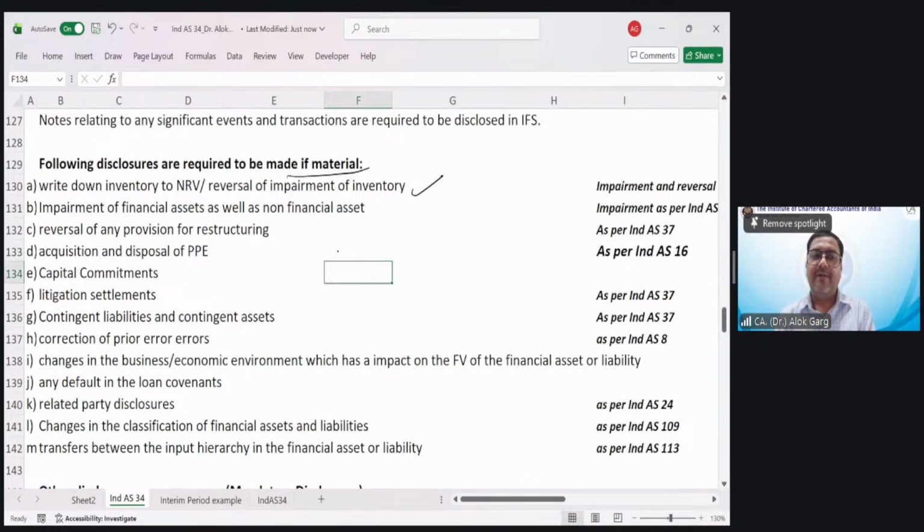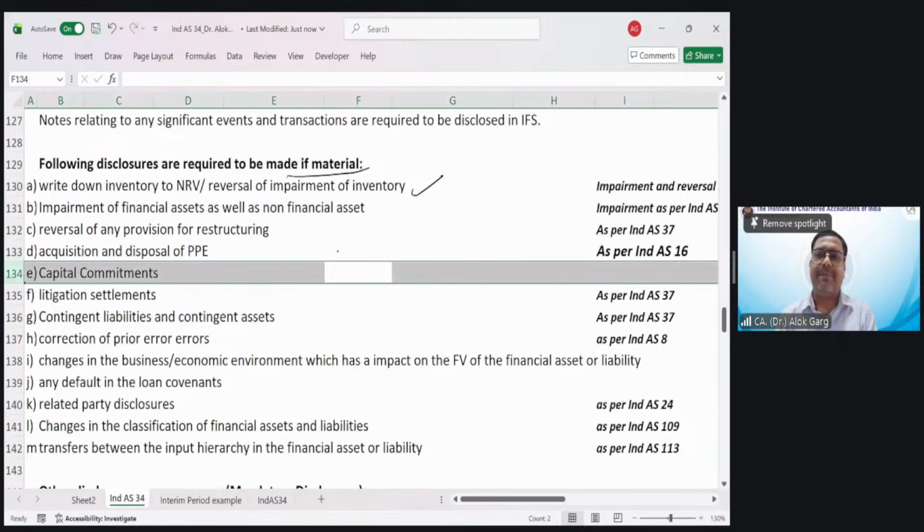Capital commitment. Do you understand capital commitment? For example, you have given a purchase order to an airline company for buying, let's say, 20 aircraft.